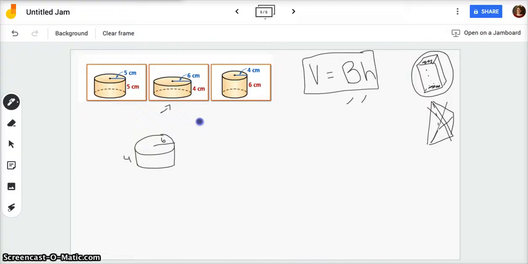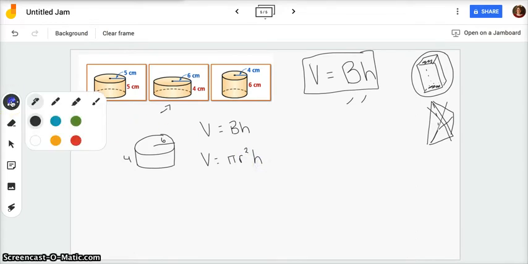So we have 2 options. We can say volume is the area of the base, which is a capital B, times the height, or the formula, specifically for cylinders, is pi radius squared times height.